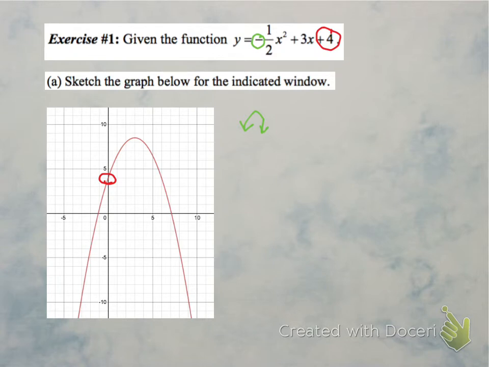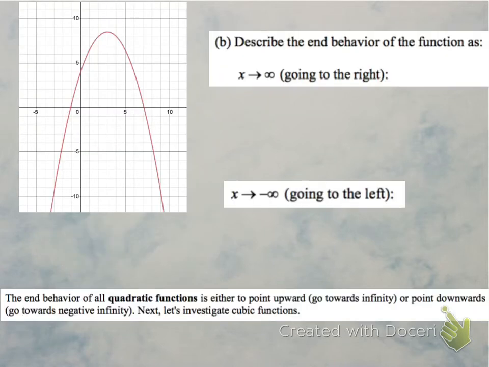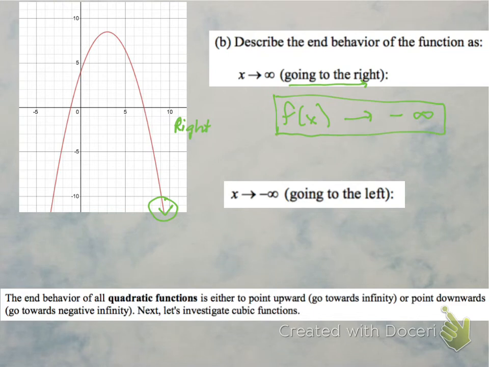And now we're going to look at how we analyze the end behavior of this graph. So on this graph, we can describe the end behavior of the function as x goes to positive infinity. So this is as it's going to the right. On the right-hand side of the graph, it's going down forever. So f of x is going to negative infinity would be the answer for that.